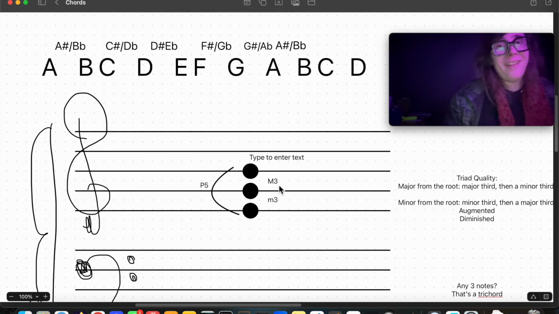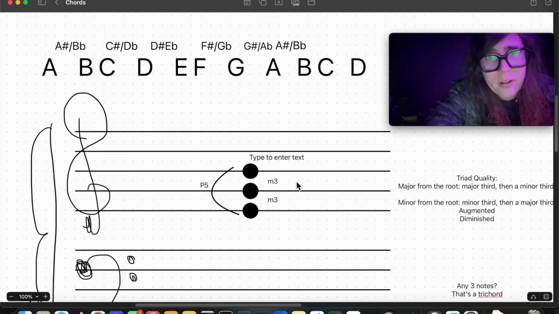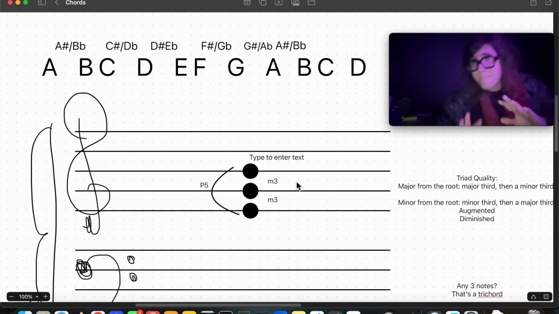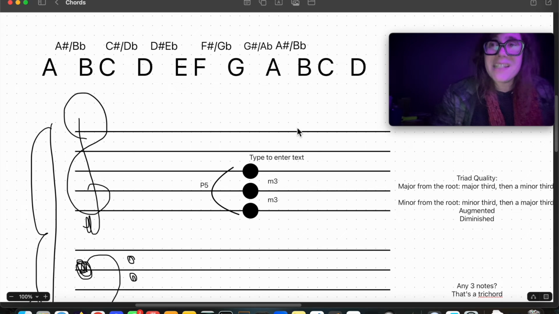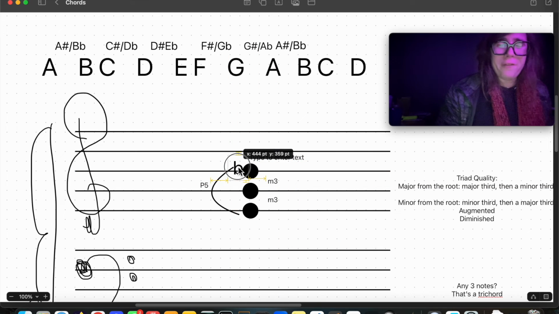But what if somehow this was also a minor third? We would have to have another piece of information, and that would be a flat. We're going to pretend. Imagination. Okay. It's now B flat.